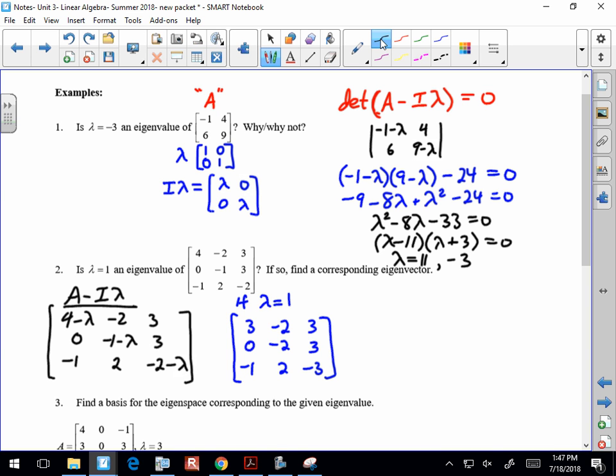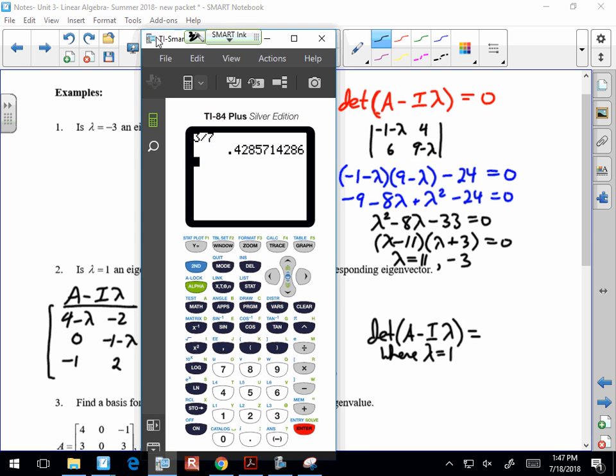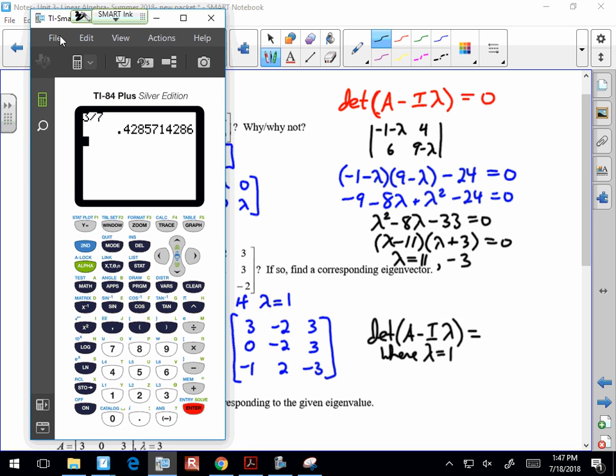But basically what I need here is the determinant of A minus I lambda, where lambda is equal to 1. I need it to be equal to 0. You do it cofactorly if you want, or you can do it calculatorly.